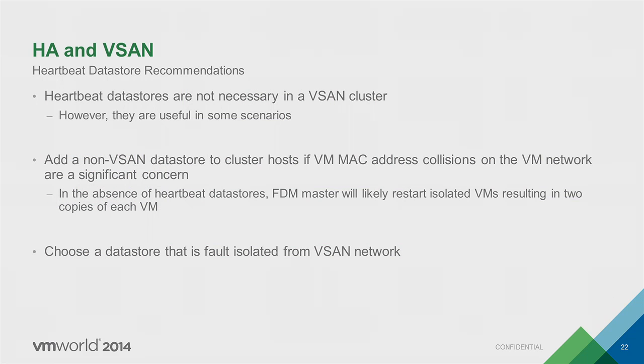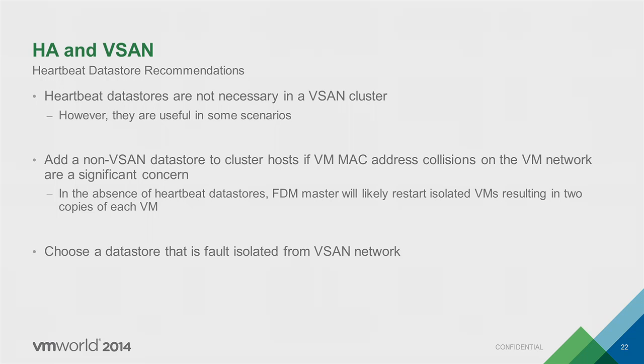Though heartbeat data stores are not required in a vSAN setup, they're useful in some scenarios. In case of a host isolation, the HA master will restart the VM on another healthy host. Now you have 2 powered-on VMs in the cluster.